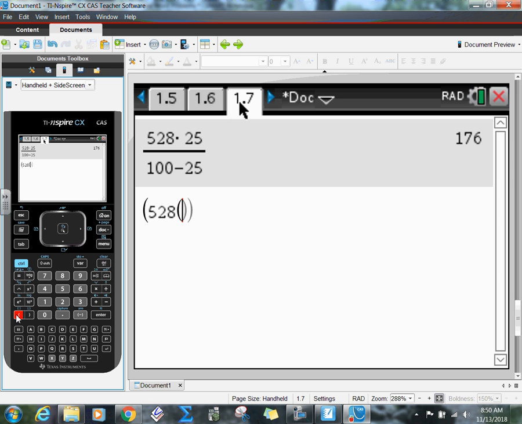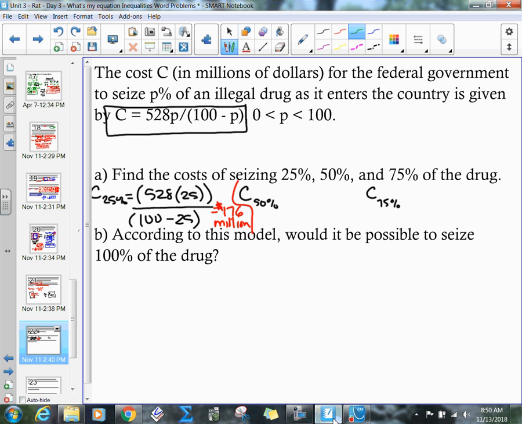I want to go to 50% times 50, and then close your parentheses. And then I'm going to divide by 100 minus 50. And I'm going to get 528 million. So this one gave me $528 million.